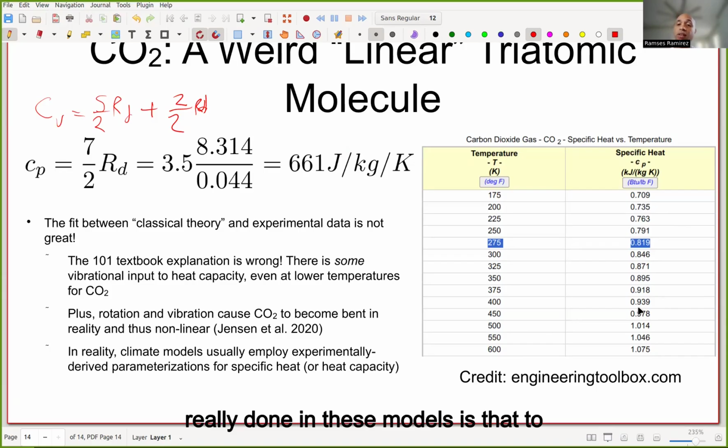To accurately capture this, we use things like the Shomate equation, for instance, which is a common parameterization that fits the experimental data that people put in models. We do things like that to properly capture the behavior of the heat capacities of different gases. So that's what's actually done in reality.